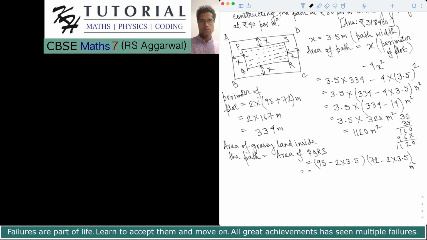This is equal to 95 minus 2 multiplied by 3.5, which is 7.